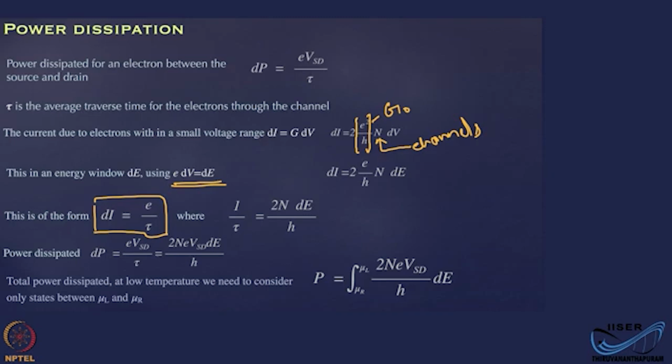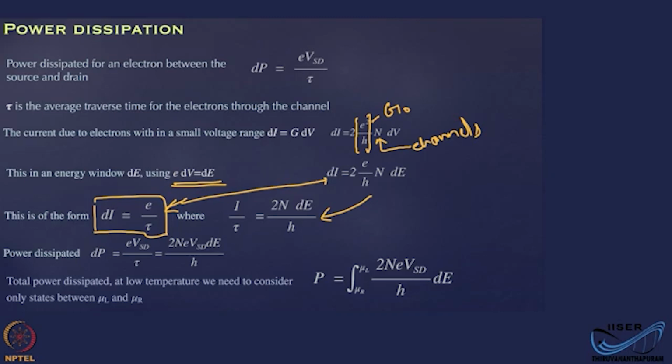What we can get from here, when you equate these two, is that e by tau corresponds to 2e N dE by h. From here, what you can get is 1 by tau is 2N dE by h. That is the transfer rate.